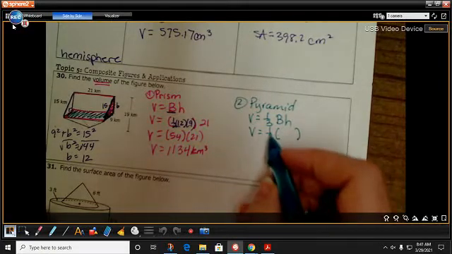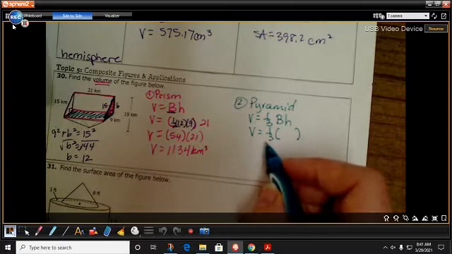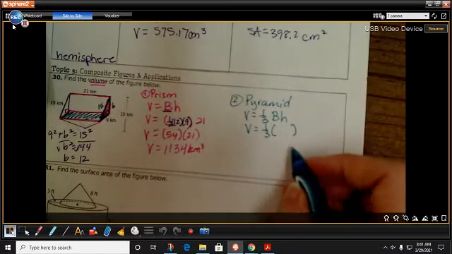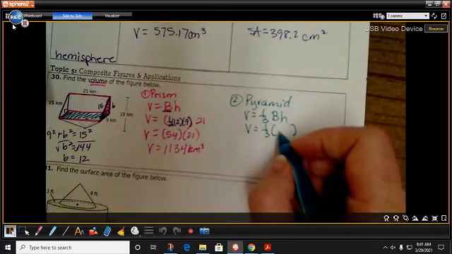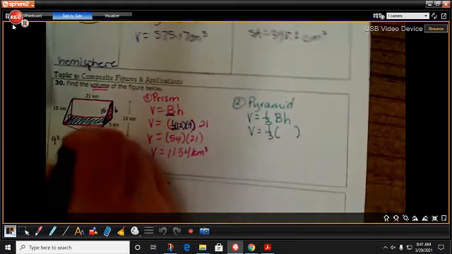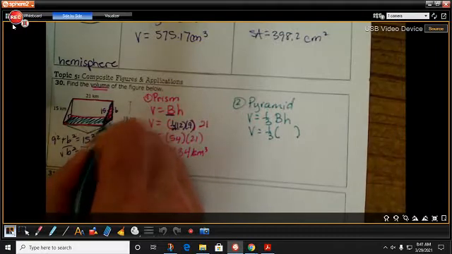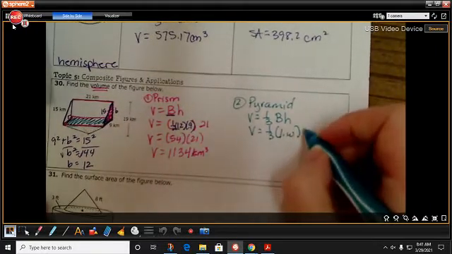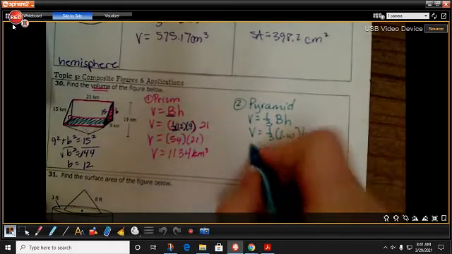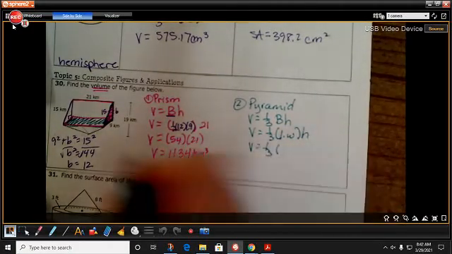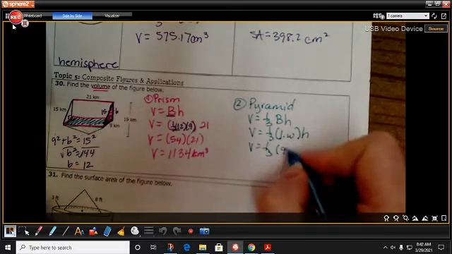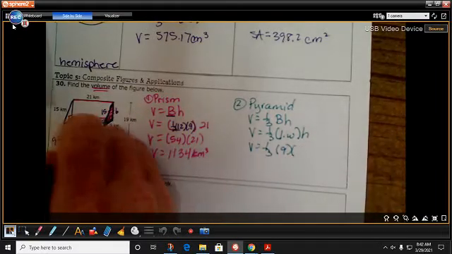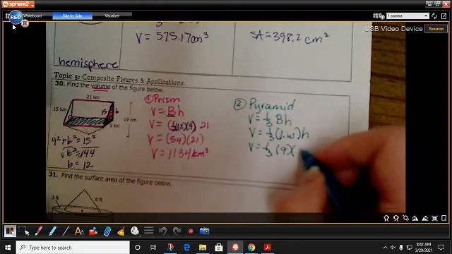Let's see, I'm trying to see all these teeny tiny numbers here. So 1/3, the area of this base is length times width. And then I'll multiply times the height. And so the length is 9. The width here is 21.